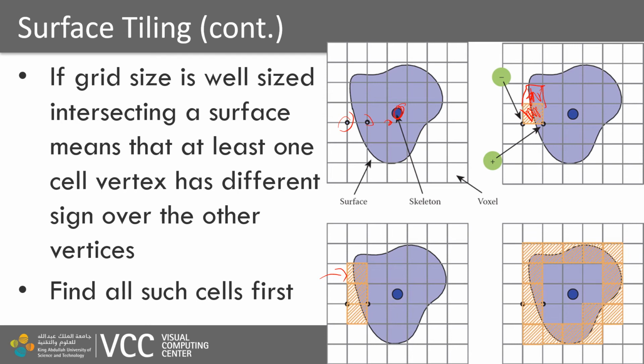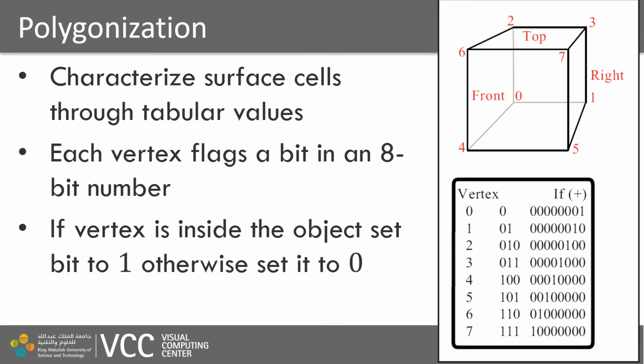For the polygonization, the idea is that based on the 8 vertices of our cell in 3 dimensions, vertices 0, 1, 2, 3, 4, 5, 6, 7, we will define which vertex is inside and which vertex is outside. So, for example, this information is encoded here.